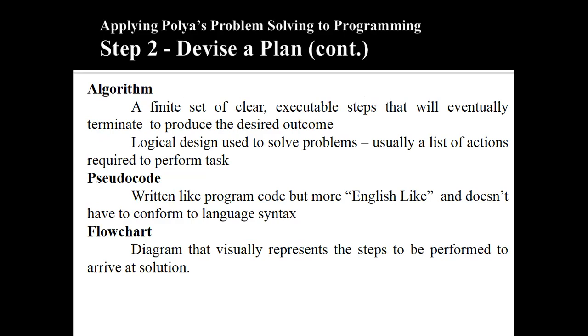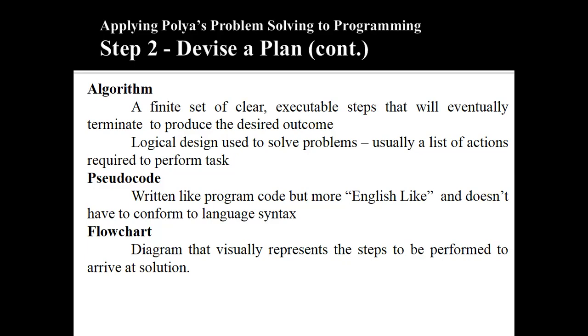It is clear, executable steps that will eventually terminate to produce the desired outcome. Logically designed, used to solve problems, usually a list of actions required to perform specific tasks. After that, we have pseudocode that is written like program code, but in actual it is in English and does not have to conform to language syntax.